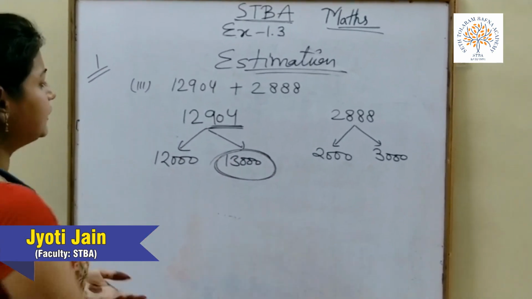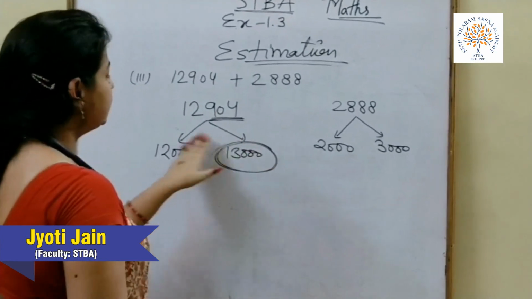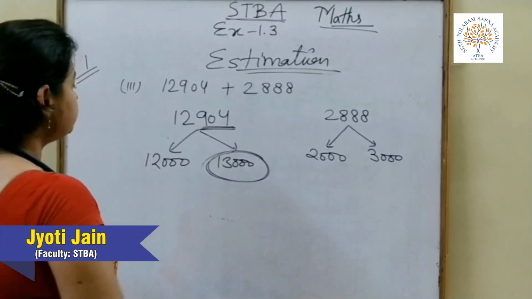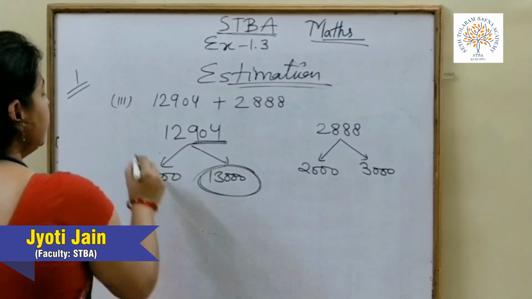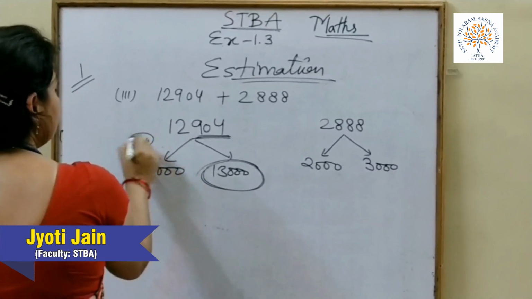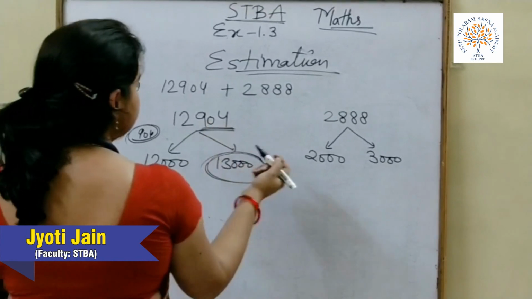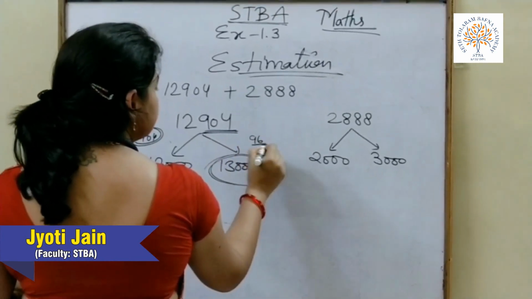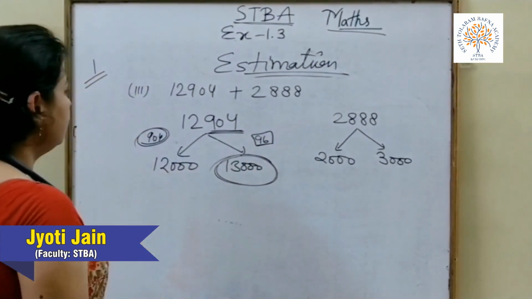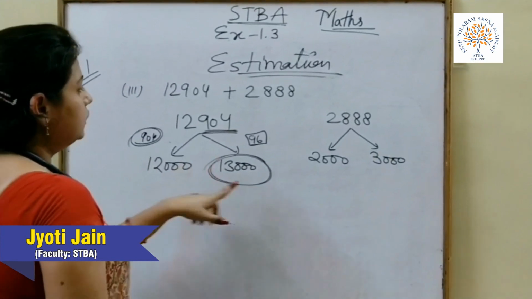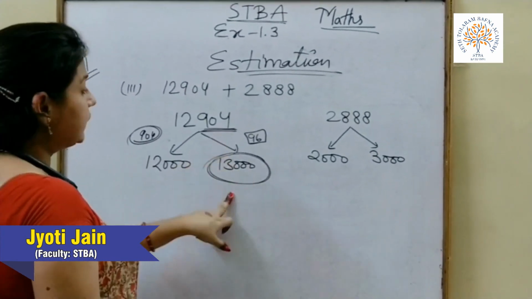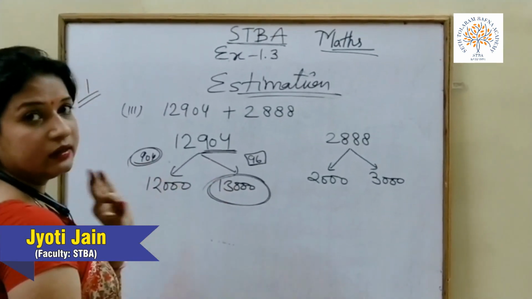In other words, we can see the difference on this side is less. On this side the difference is 904, and on this side the difference is 96. So 13,000 is the nearest one.